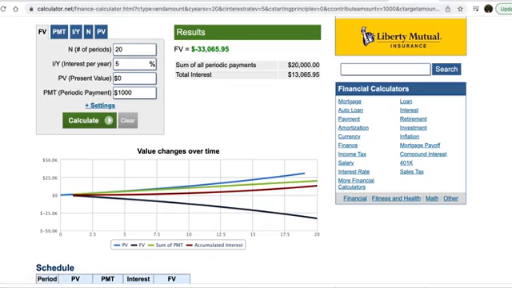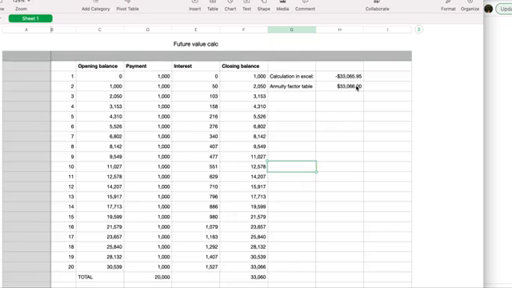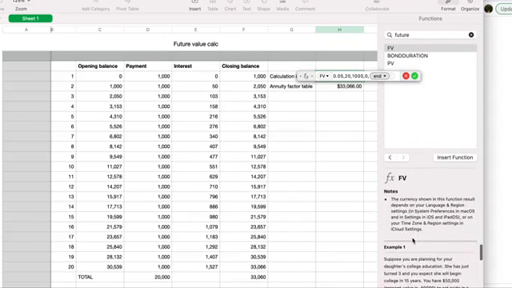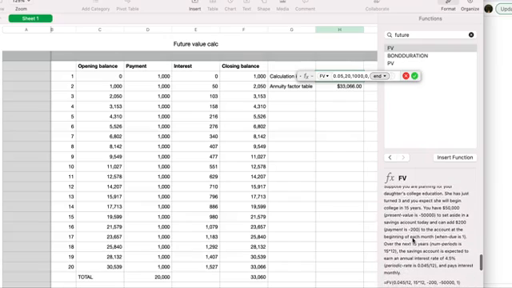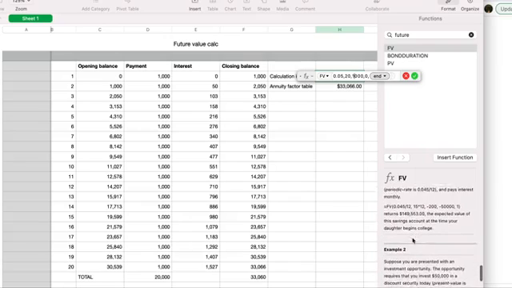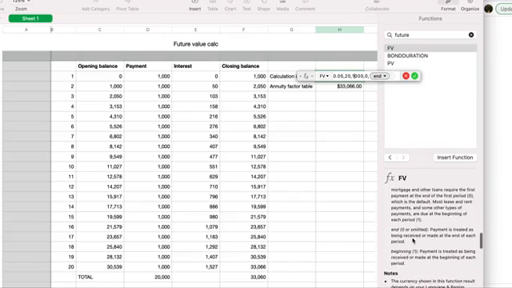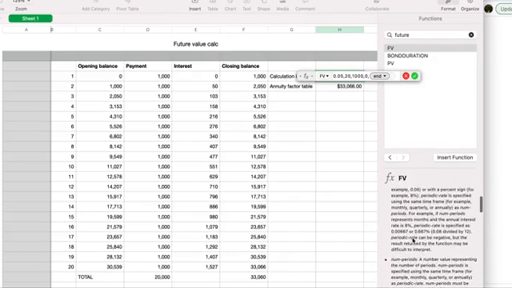So we see the same thing if we do this in Excel. I'm using Mac. It'll give me instructions for future value and even provide an example to help walk me through how to do the formula.